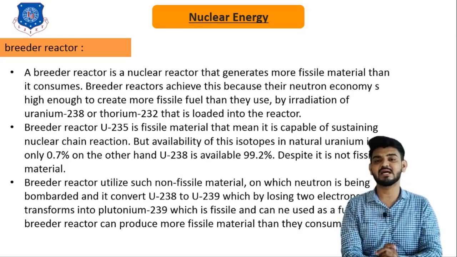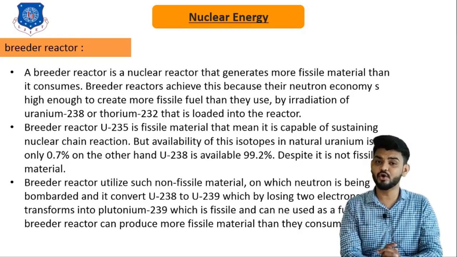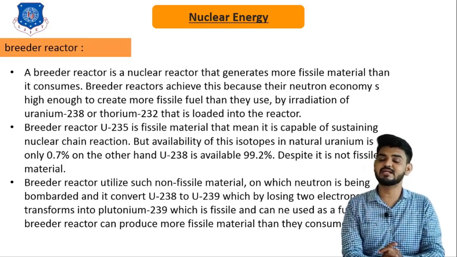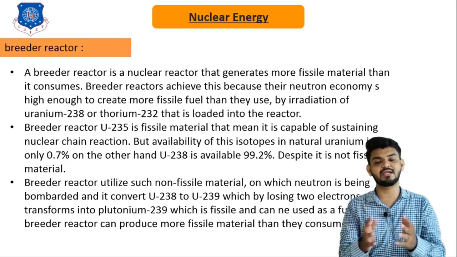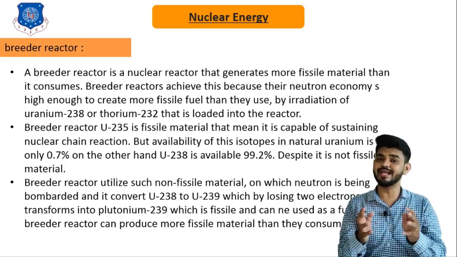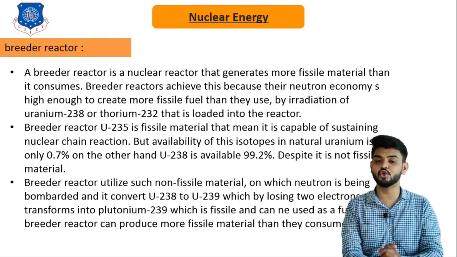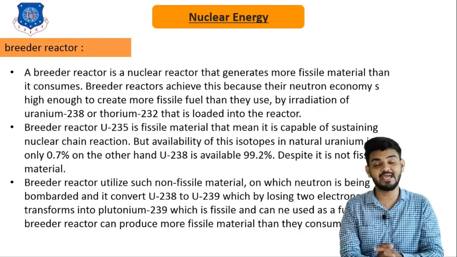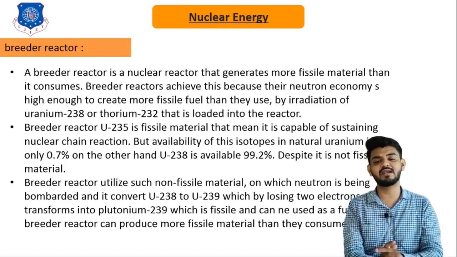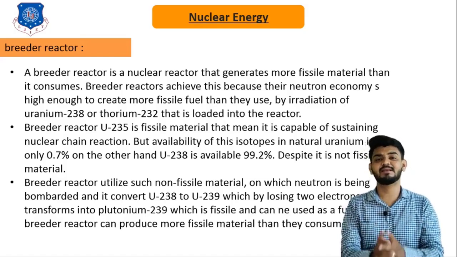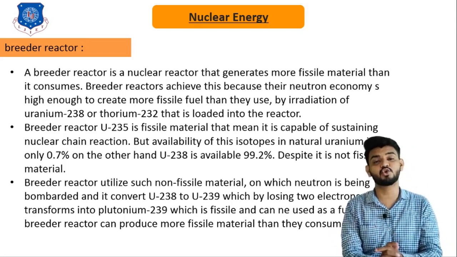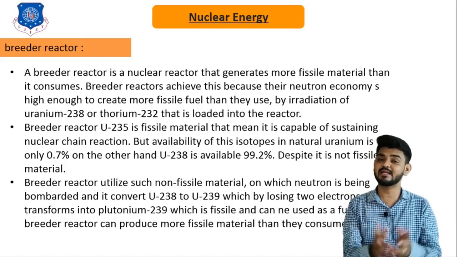So a breeder reactor utilizes such non-fissile material, on which neutrons are bombarded, and it converts this uranium-238 into uranium-239, which loses 2 electrons and transforms into plutonium-239, which is again a fissile material and can be used as a fuel for the breeder reactor. Thus the breeder reactor produces more fissile material, such as plutonium-239, than it consumes.